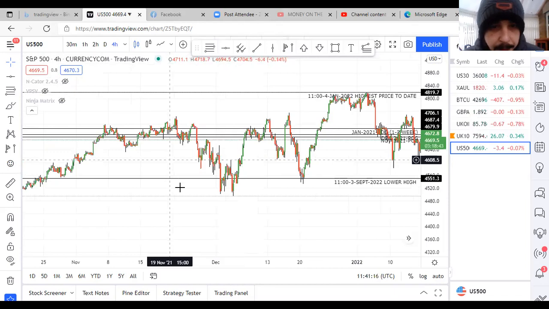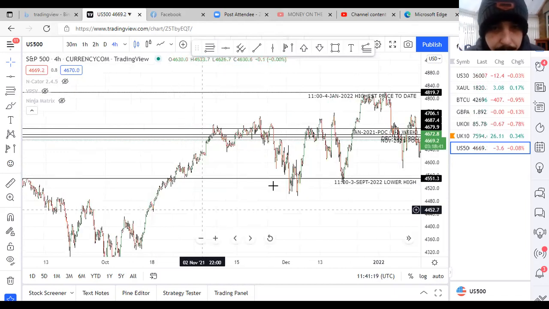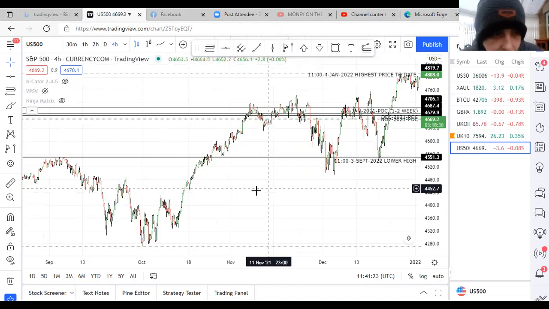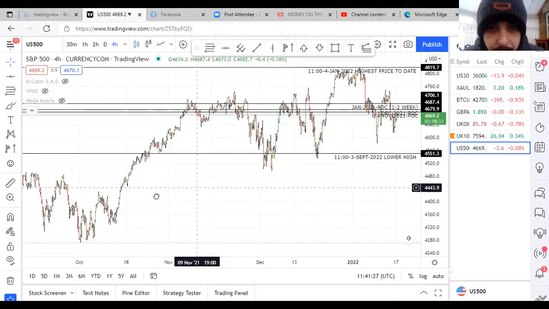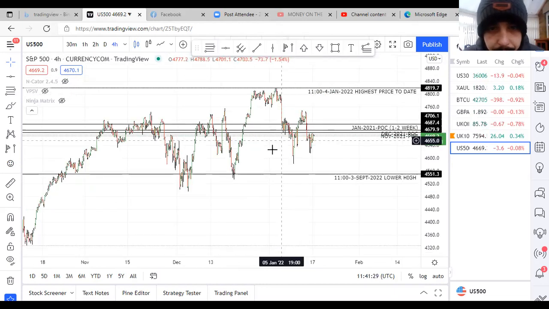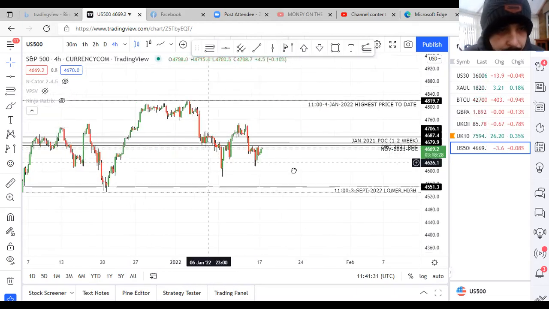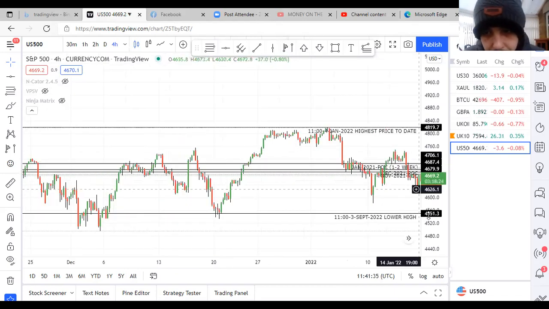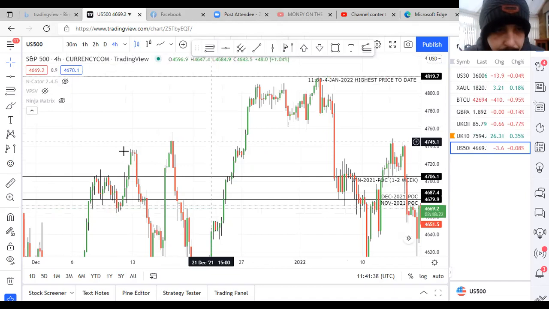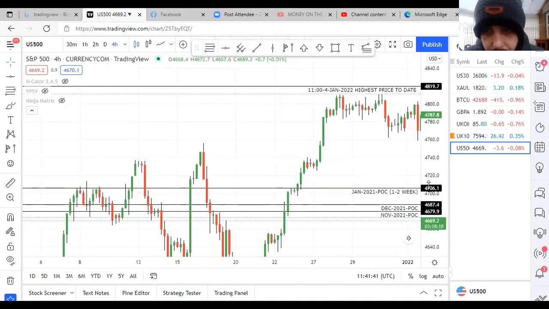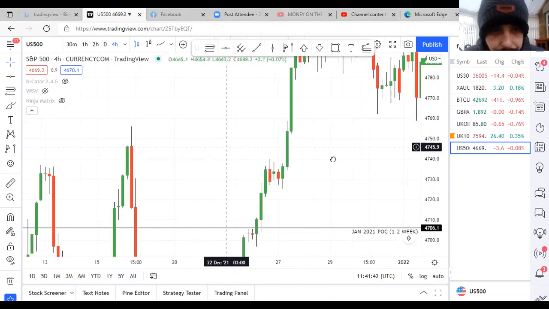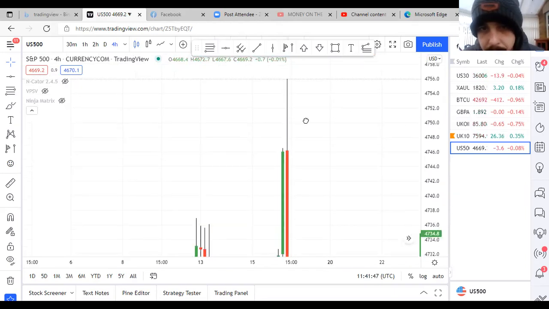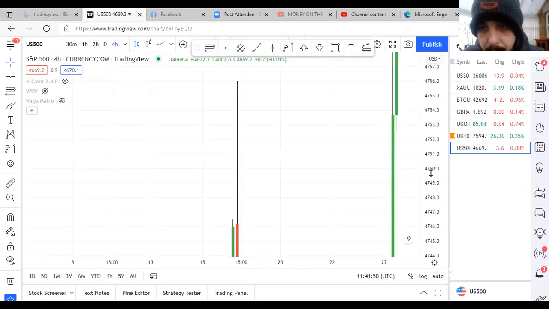But pick the big ones to start with, the ones that really stand out. Them two there. So we go with that one because it's a little bit higher. Zoom in. Okay.